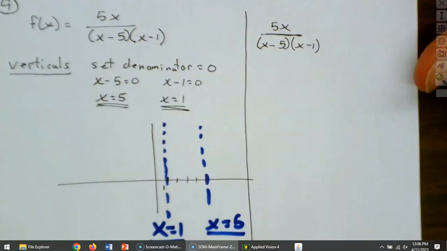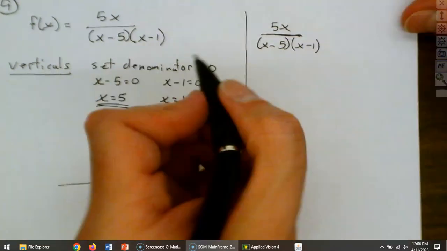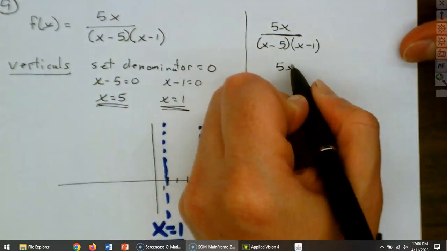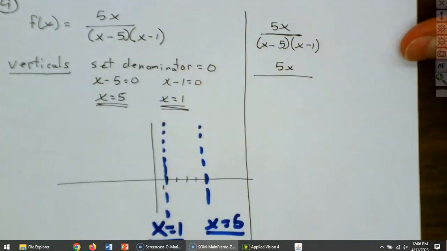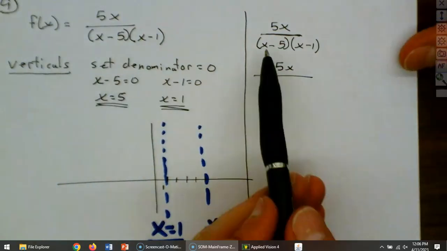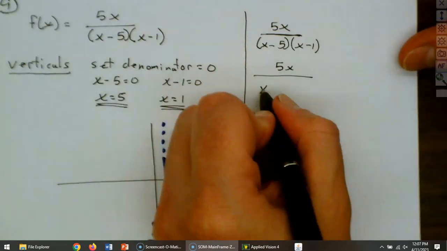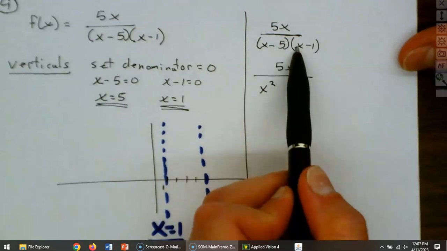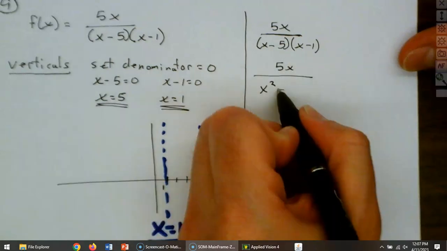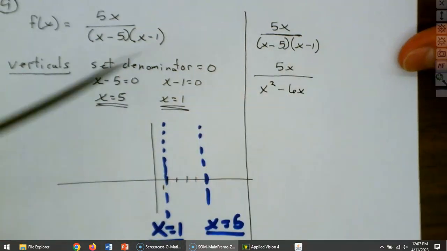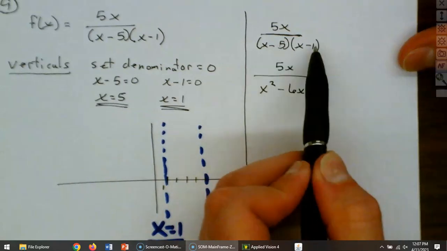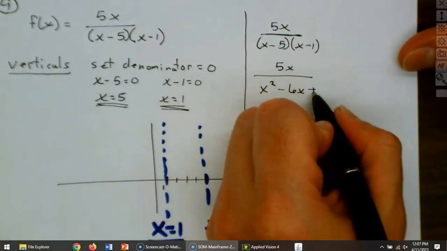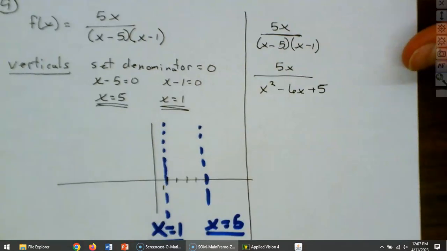I'm going to take the denominator and FOIL it. You should be comfortable with how to FOIL mentally. That's x squared here. I've got a minus 5x, minus 1x. That makes it a minus 6x here. Minus 5 and minus 1 makes it a positive 5, right? I just FOILed it out.